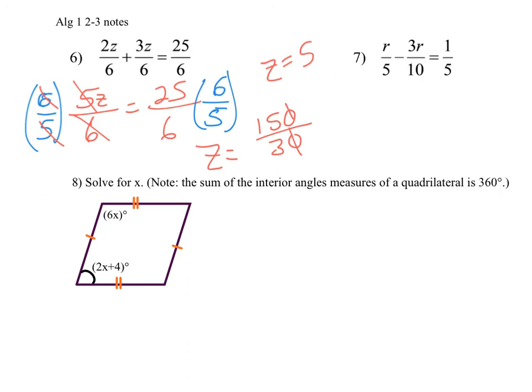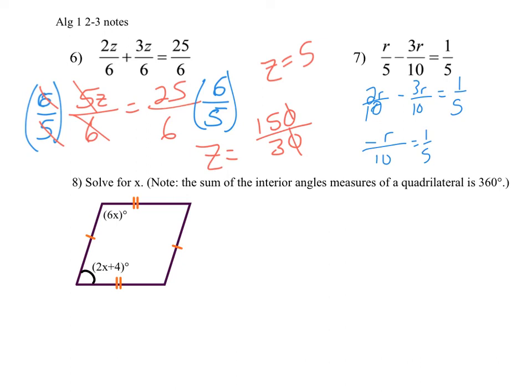Here we go. On the first piece of number 7, I can see pretty quickly I need to make a common denominator of 10. So we'll rework that just a little bit. That's supposed to be a 10. Then I can combine like terms. I'm going to have negative 1r over 10 equals 1/5.